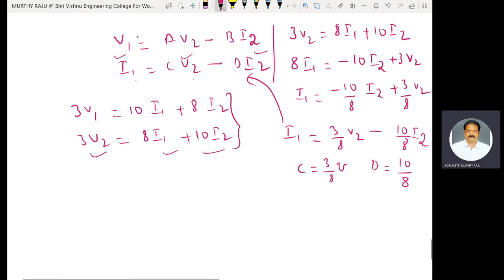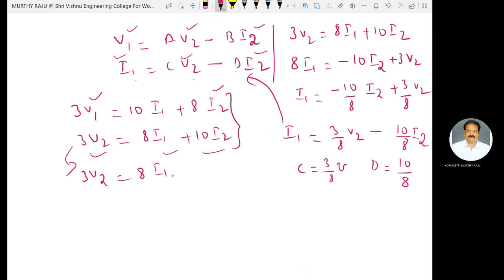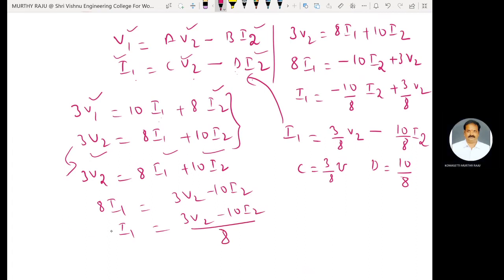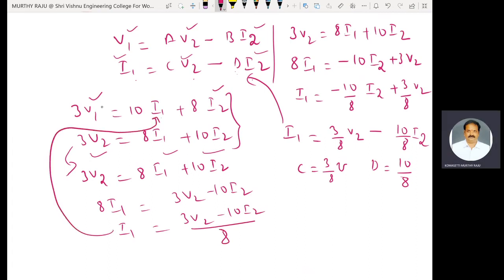Next step: in the first expression, V1 and I2 are there, but V2 is not there. From 3V2 is equal to 8 I1 plus 10 I2, substitute I1. 8 I1 is equal to 3V2 minus 10 I2. Therefore, I1 is equal to 3V2 minus 10 I2 by 8. Substitute here.